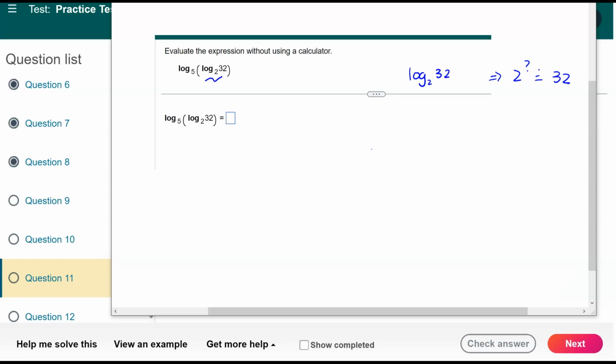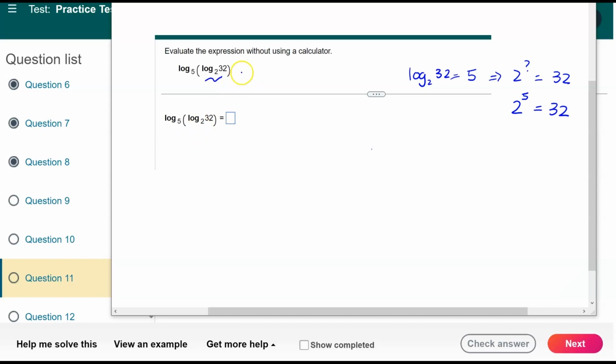In your calculator, you keep on multiplying 2 to itself, and you count how many times you should multiply 2 to itself to get to 32. When you do that, you would see that you have to multiply 2 to itself 5 times. 2 to the 5th is equal to 32. So log of 32 base 2 is 5.